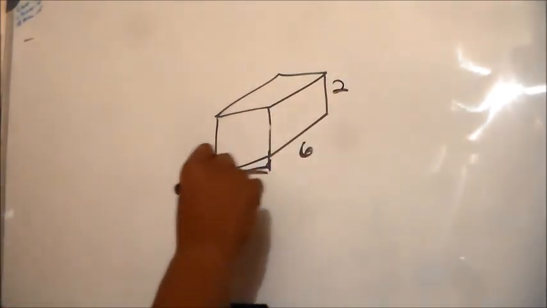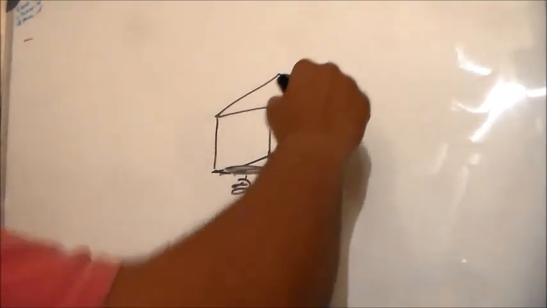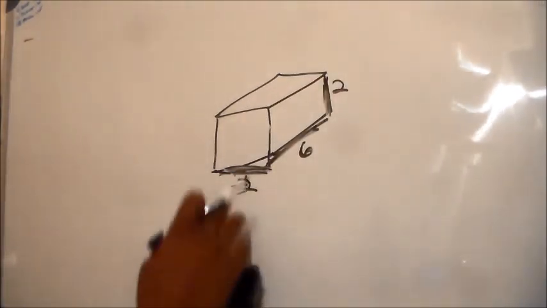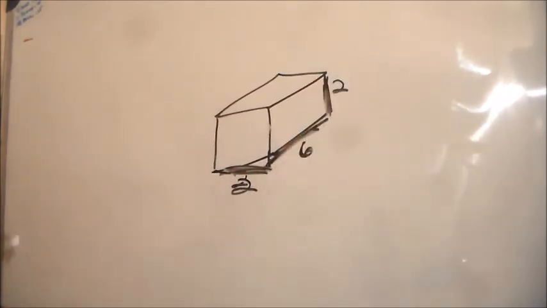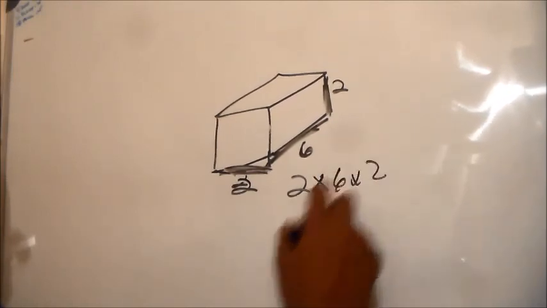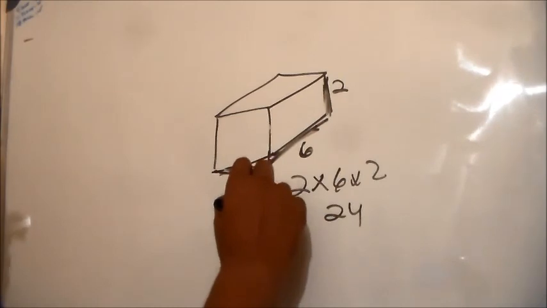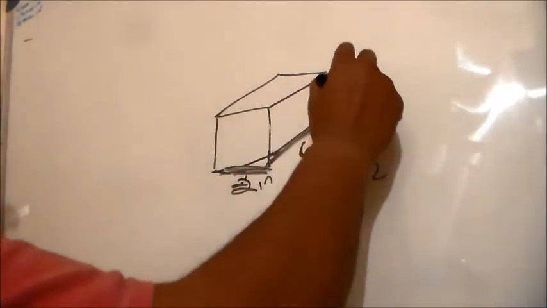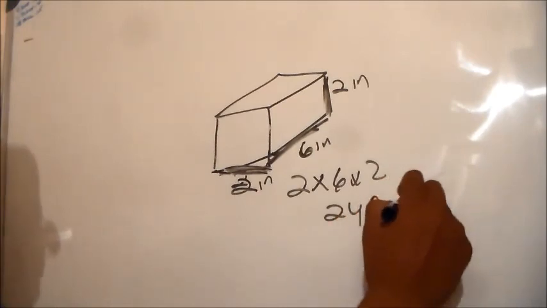So you kind of get the front, the side, and the back vertical. That's where I like to walk it, in order to start at the front, side, and the back. But it would be that times 6 times 2, 24. These were inches. These would be cubic inches, C-U-I-N.